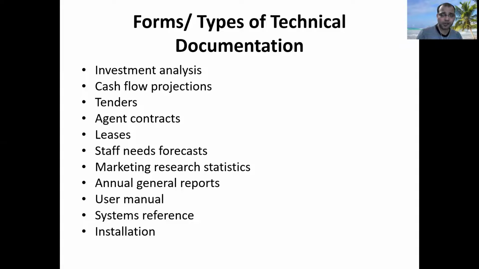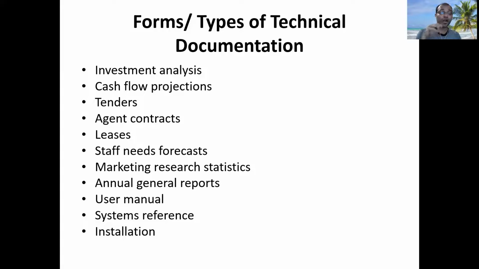Annual general reports. Then we have the user manual. Annual general reports are the reports which are produced at the end of every year. The user manual is the document which states how things have to be used by the people. So the modus operandi of the entire work is discussed here.